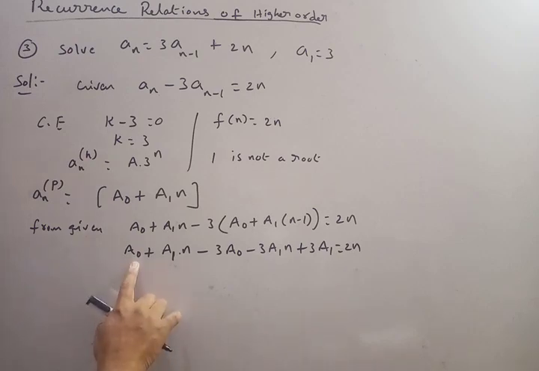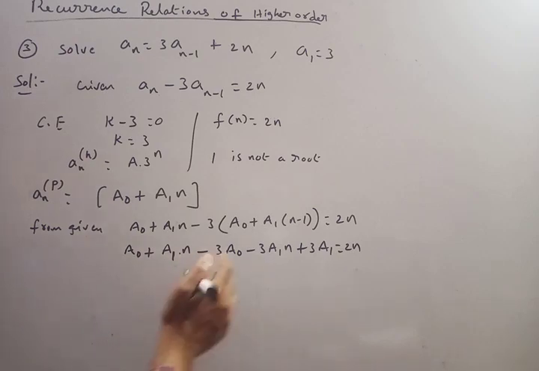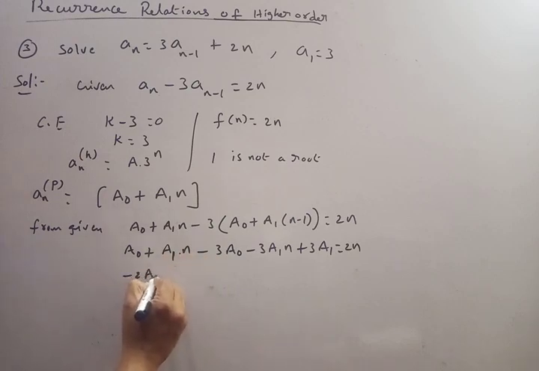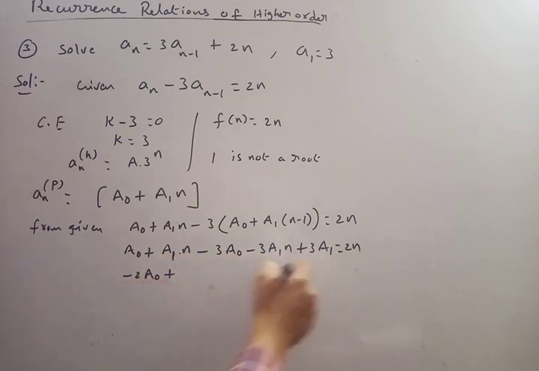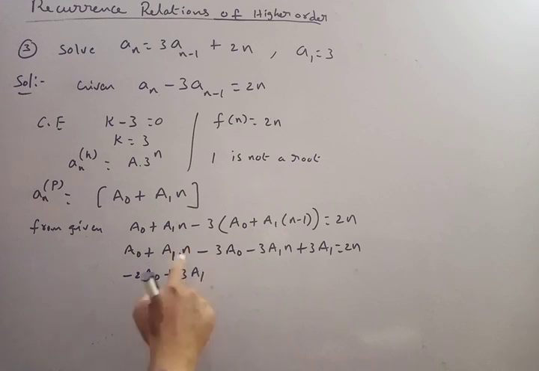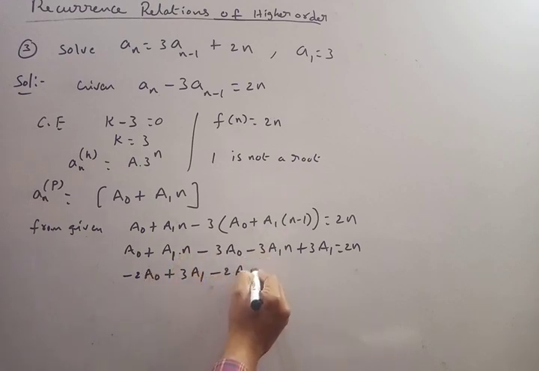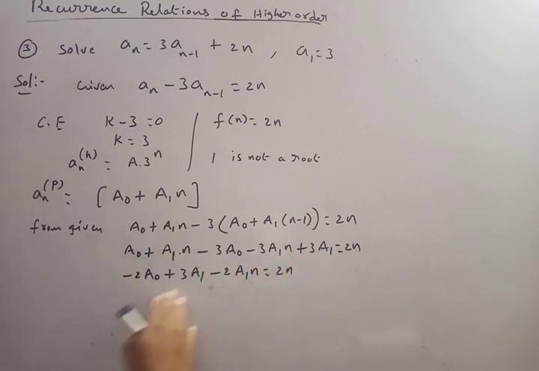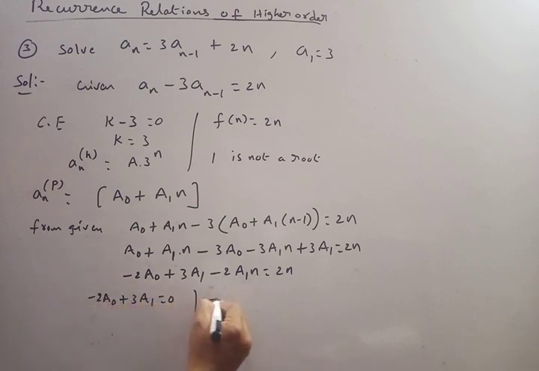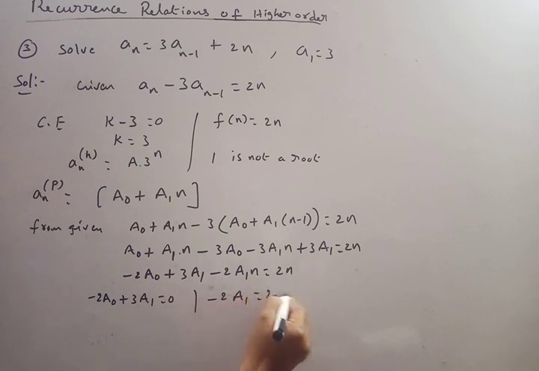If I simplify, a naught minus 3 a naught is minus 2 a naught, plus 3 a1, and a1n minus 3 a1n is minus 2 a1n, is equal to n. Now equate the coefficients of constants and nth terms. So I get minus 2 a naught plus 3 a1 is equal to 0, and minus 2 a1 is equal to 1.